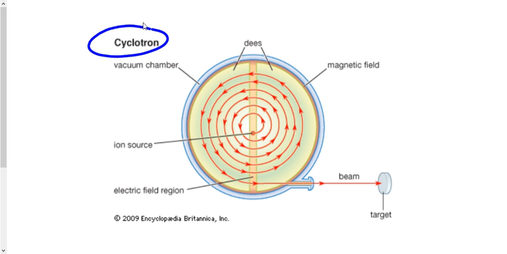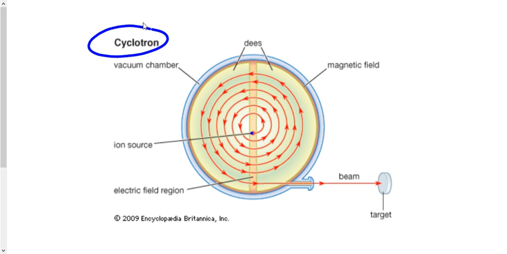Now, how exactly do we get them to such high speeds to break them apart? Well, this is where the cyclotron comes in. We inject these subatomic particles or ions usually into the middle of this cyclotron, so right here. Now, these ions will accelerate across a potential difference.